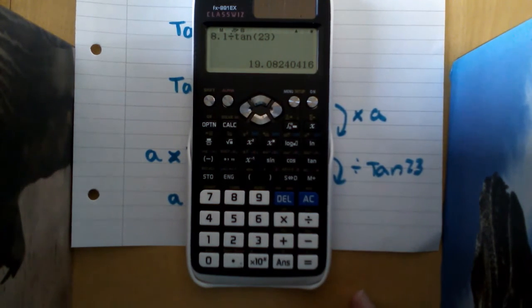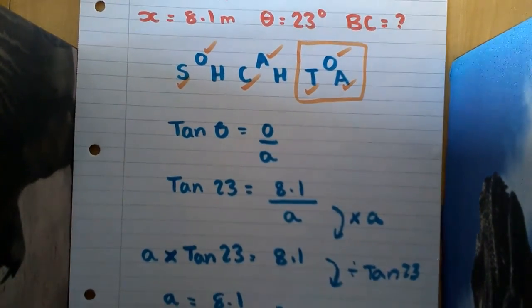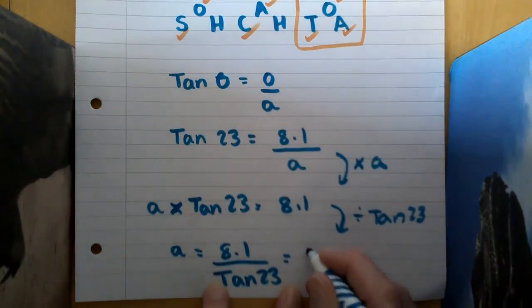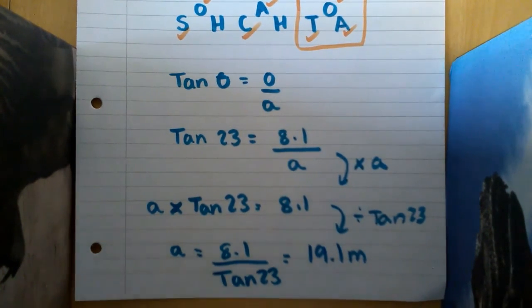I want the answer to three significant figures. So that means that 0 is in the third significant figure. I look to the right and it's an 8. So that means I need to round that 0 up. So I end up with an answer of 19.1 meters. Okay.